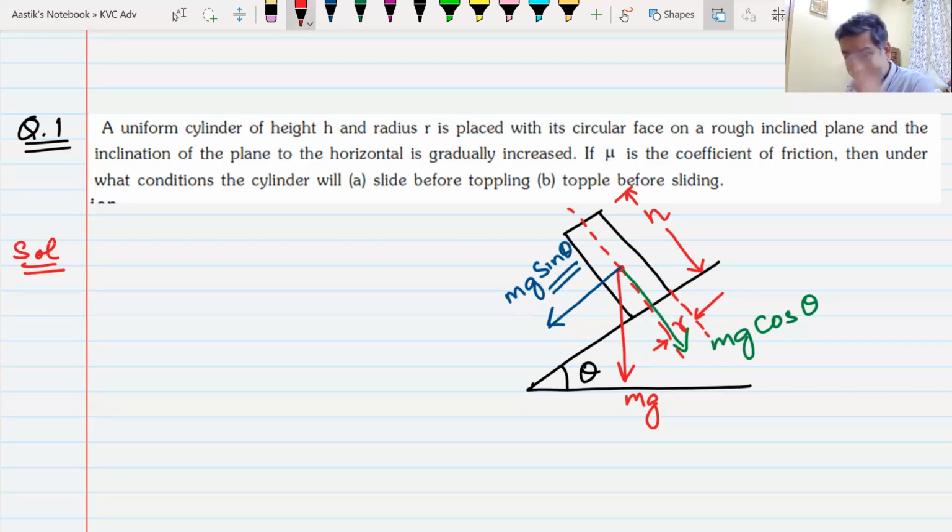Now, when will this slide? Remember the angle of repose I told you about. If you keep a block on an inclined surface and you increase the angle, at one particular angle, the block begins to slide. Yes or no? Yes, sir. What was that angle known as?